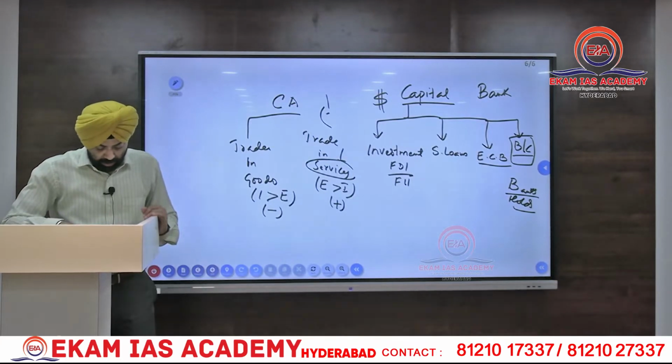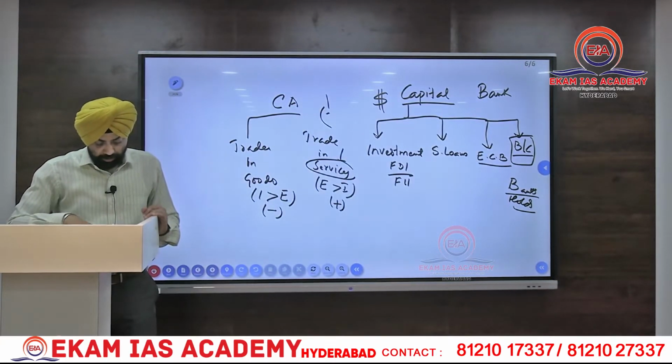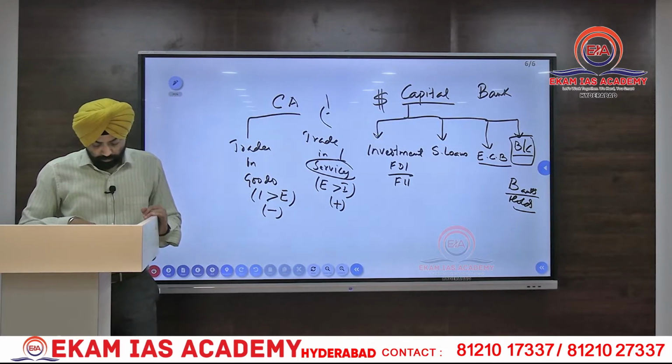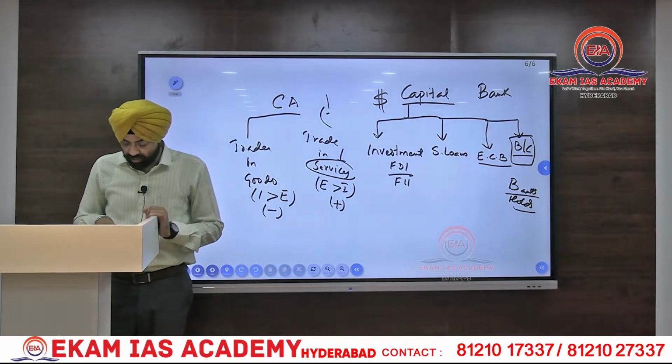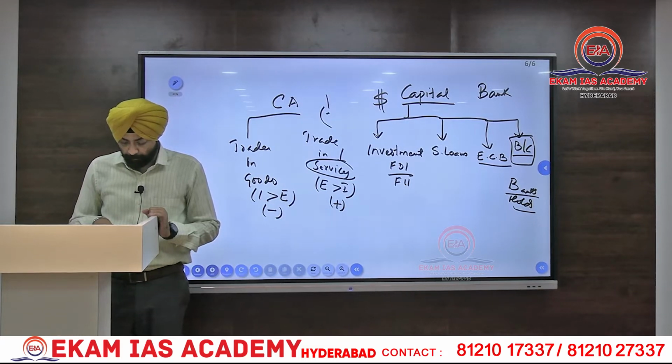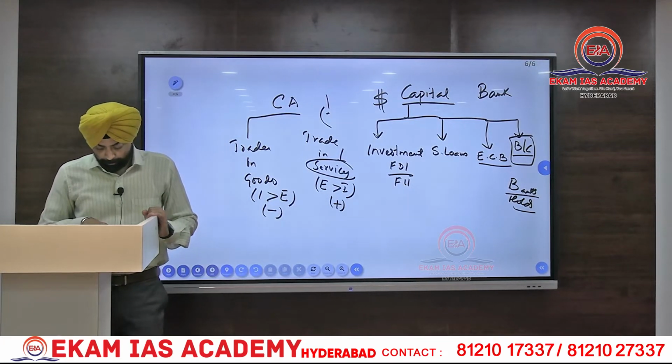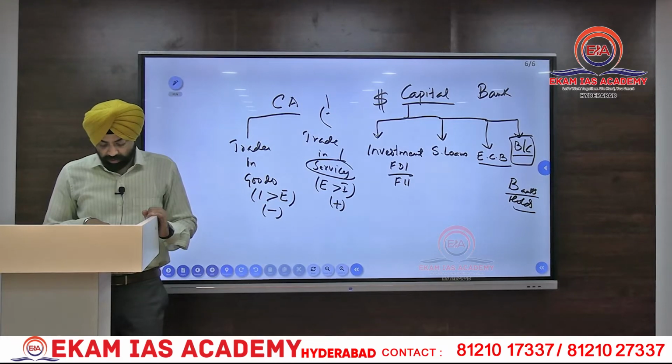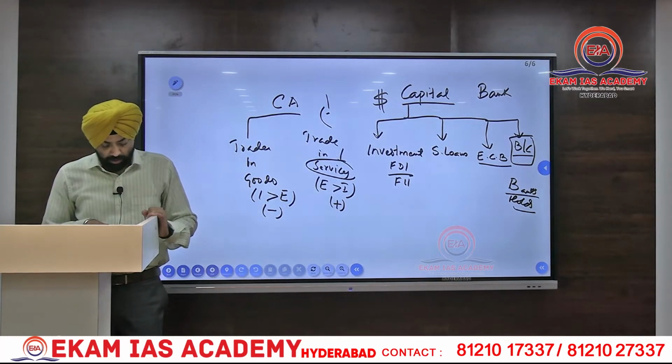Now see the capital account balance sheet, Table 7. What does it say? What is the highest percentage? See, A is basically the capital account. Then B is the balance to GDP ratio, right?